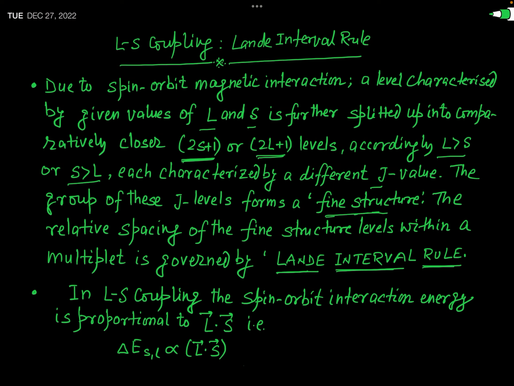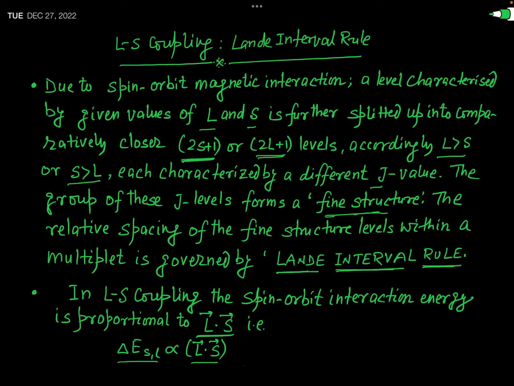That interaction energy is proportional to L dot S. That is, its value is directly proportional to the scalar product of the orbital angular momentum vector L and the spin angular momentum vector S. If you denote the interaction energy by the symbol delta E_SL, then delta E_SL is proportional to L dot S.